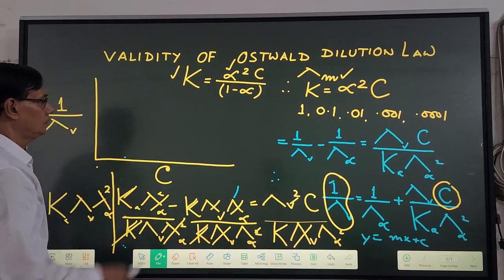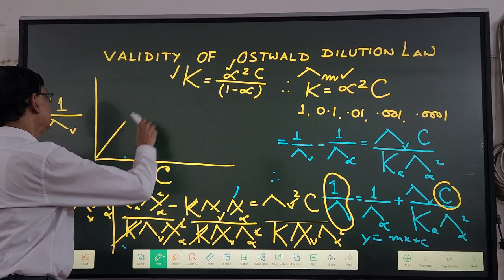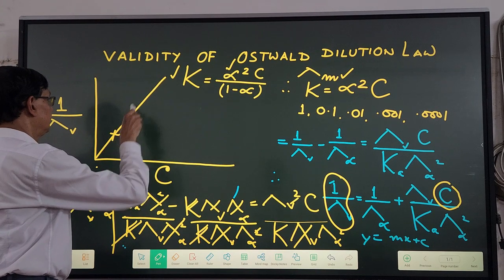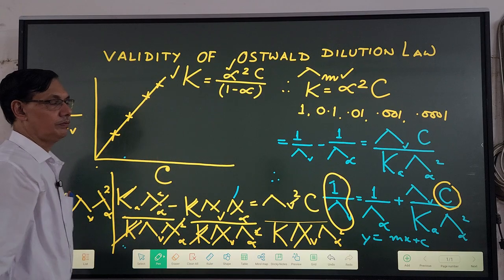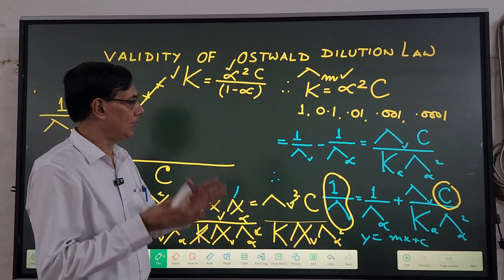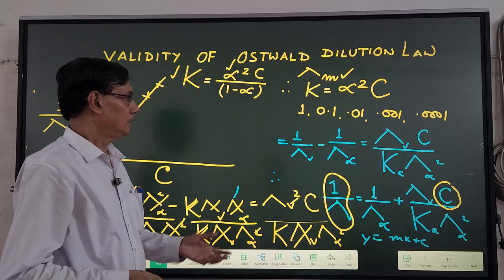So you are getting 5 values at different concentrations, and you will get a straight line. If you are getting a straight line, that means the Ostwald dilution law is complied.